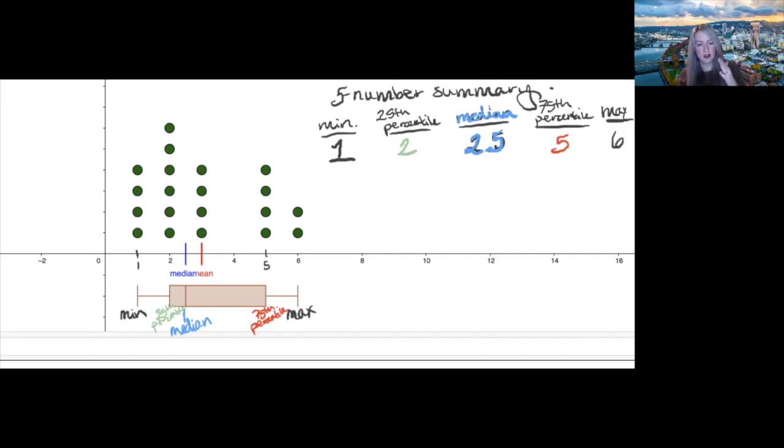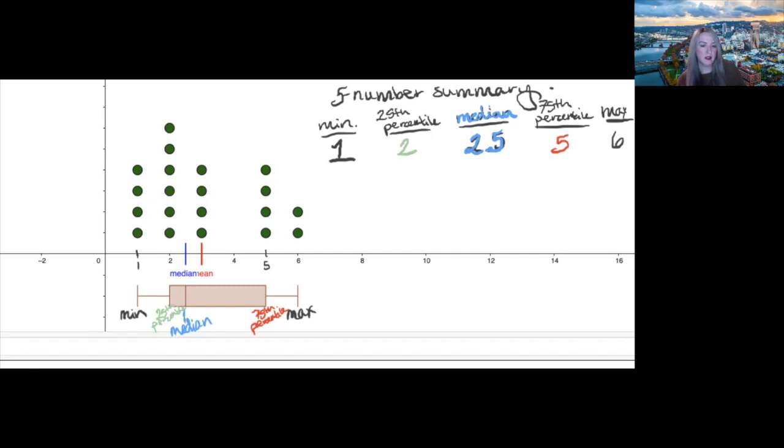Likewise, if I looked at the other half of the data, the median to the maximum, and found the median of that, then that would tell me the 75th percentile. Usually finding these would involve listing out all the data points or using a computer to help you find those values. But let's look at what this box plot is actually showing.